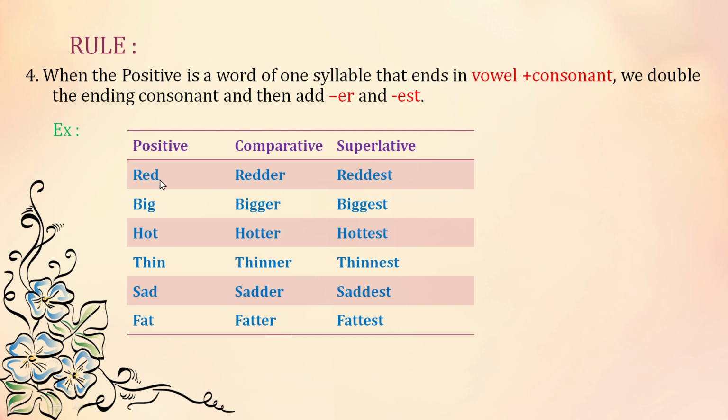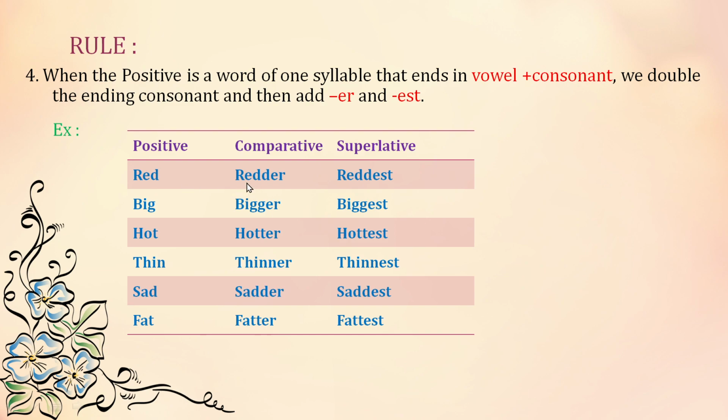You can see here the last letters are all consonants, and just before this last alphabet there are vowels like E, I, O, A. There is only one syllable, and the word is ending with vowel plus consonant. In such case, we will just double the ending consonant.